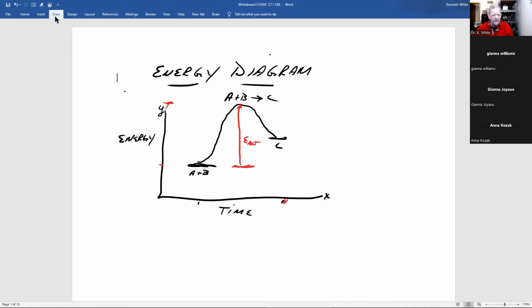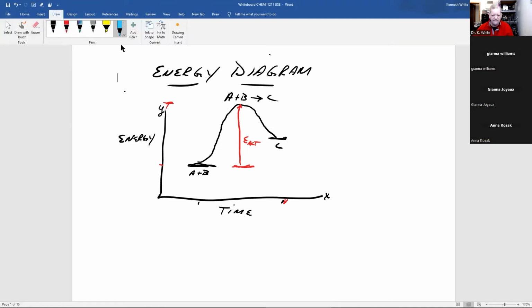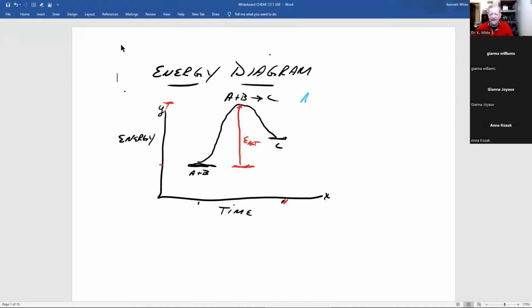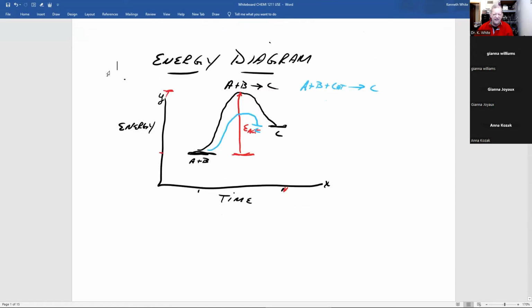Now, to make this go quicker, if I had A plus B plus C, let's call it a cat, to make C, it's not a cat, it's catalyst, that's short. What happens is now a catalyst lowers the activation energy. Actually, I should have written this. Hold on.